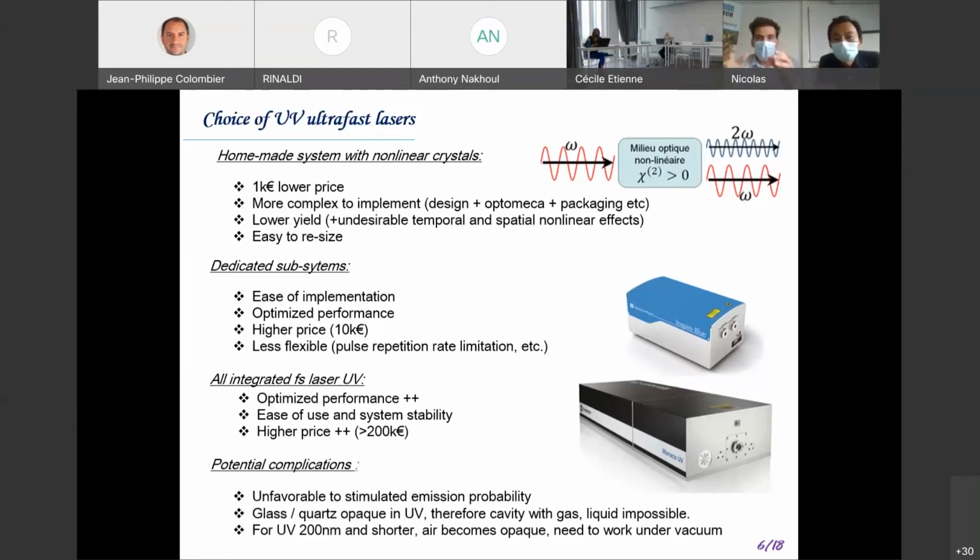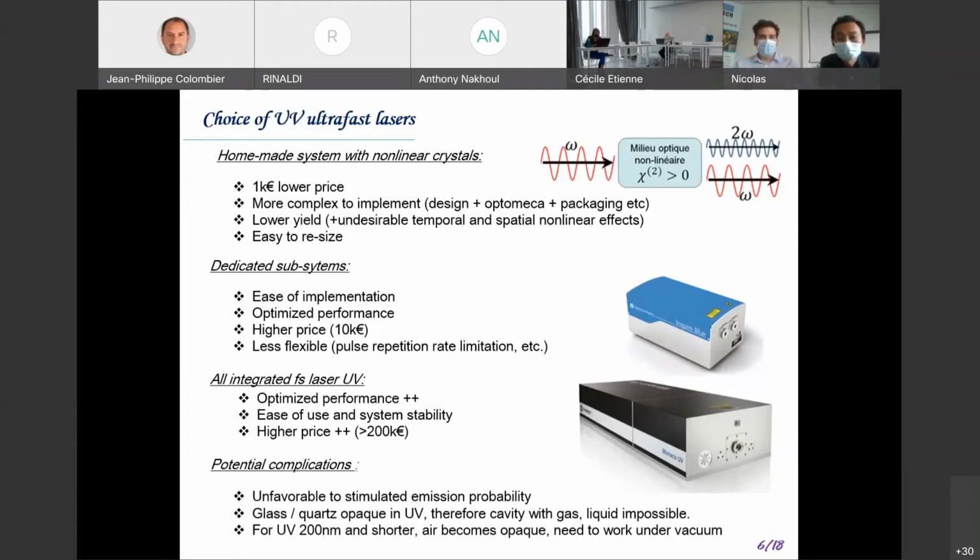You just have to have a good alignment between the laser and this system, and then you have a certain amount of power outside. It's optimized, and you can put it just on the line, but it's not as flexible because you can't act on different parameters. You have the box, the laser beam incoming, the output, and then you have a result.